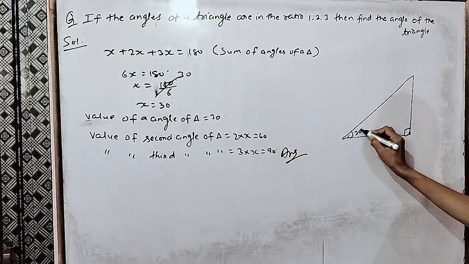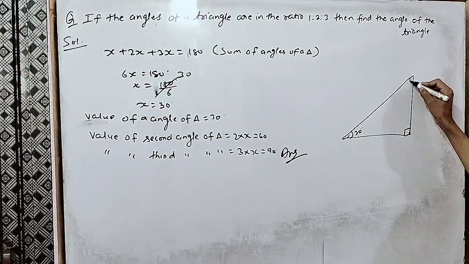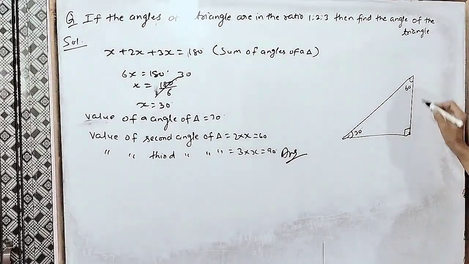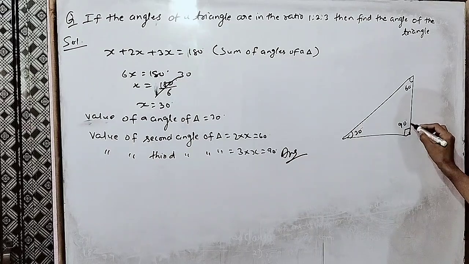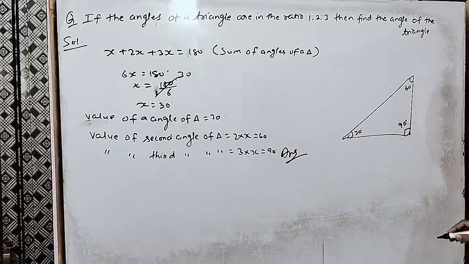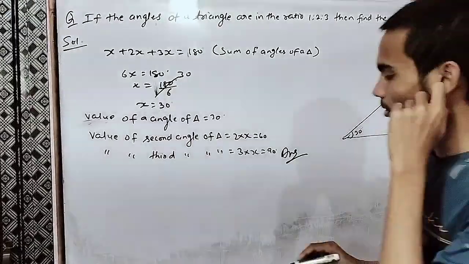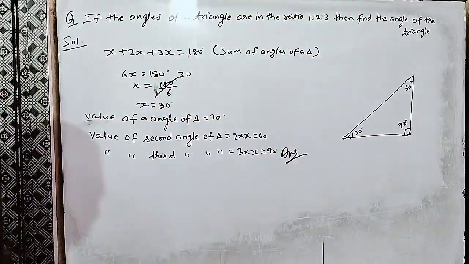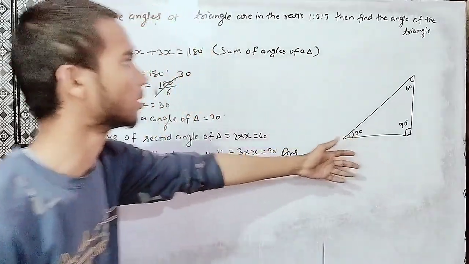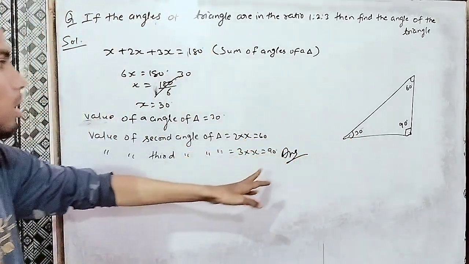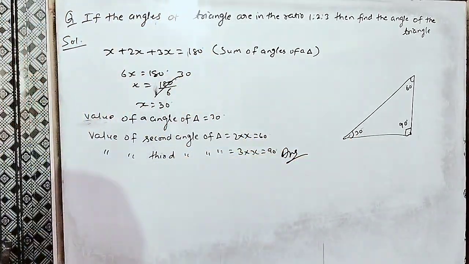This is 30. So this is 60. And this is 90. Clear? Still, we don't have the exact figure of this given triangle.